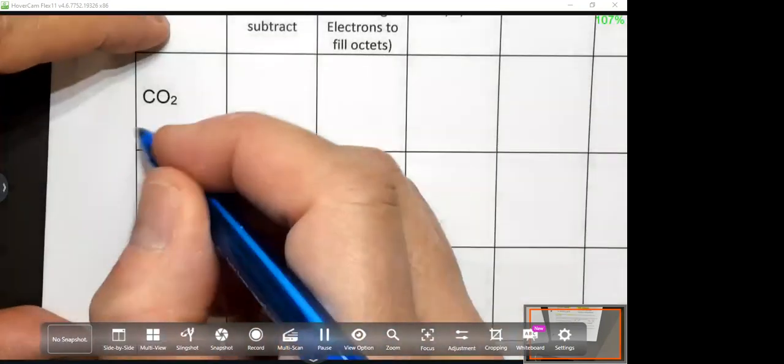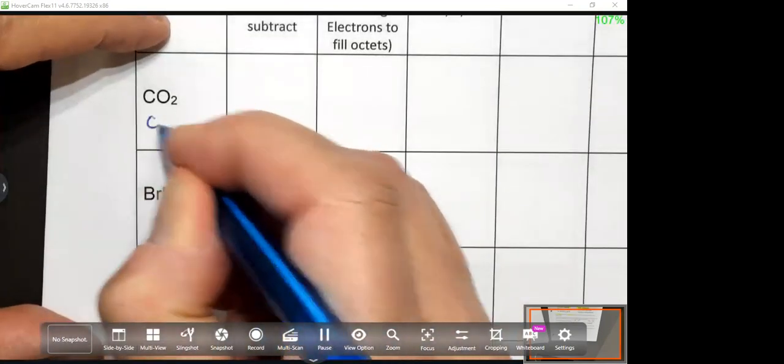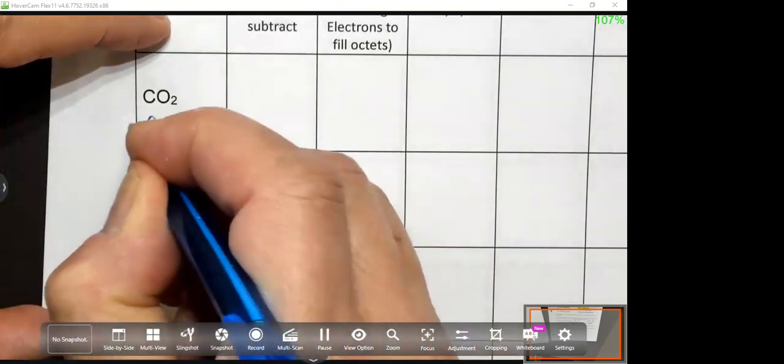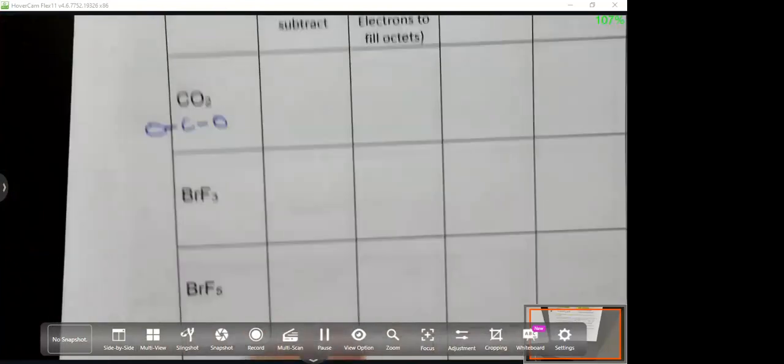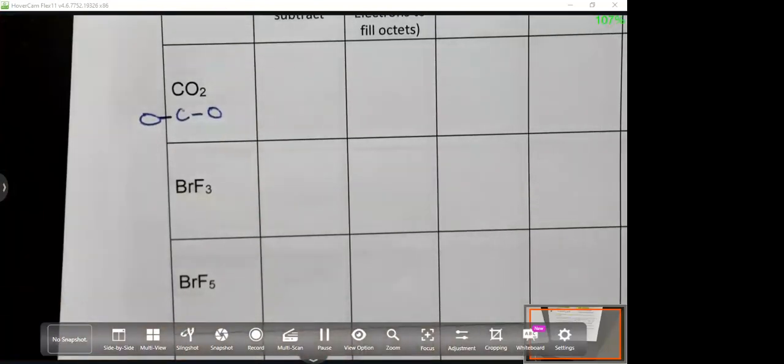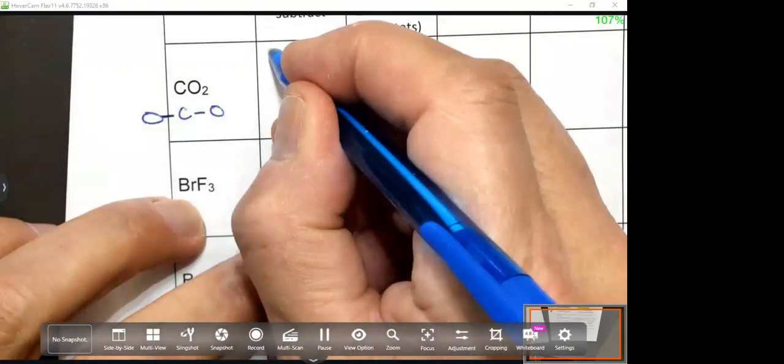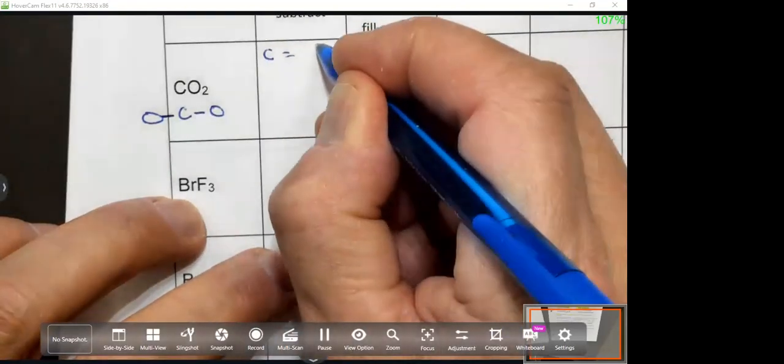CO2. Put carbon in the central atom. We've connected it. Total valence electrons.